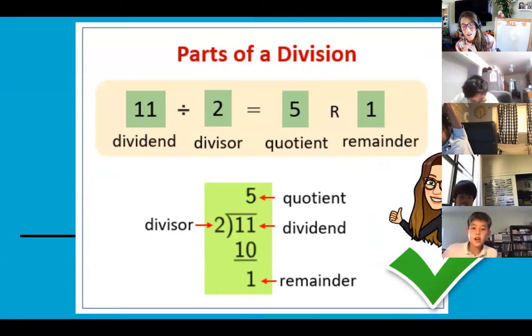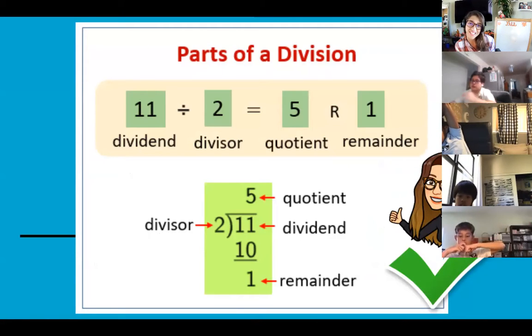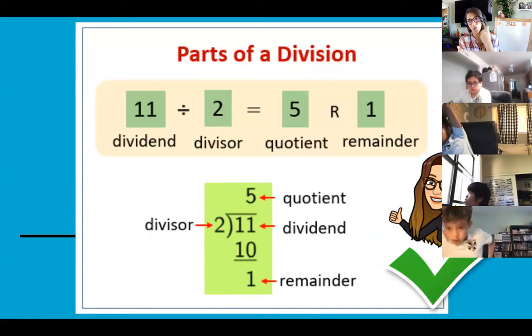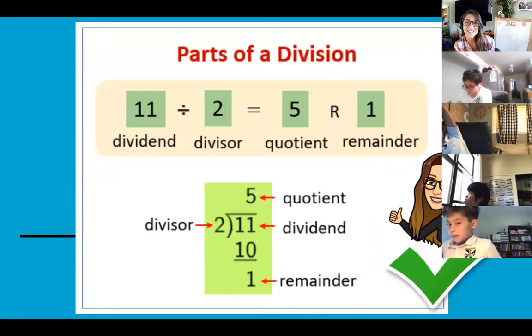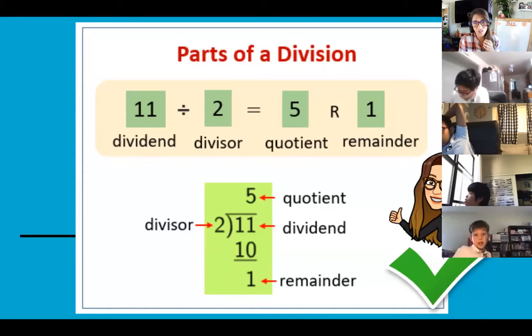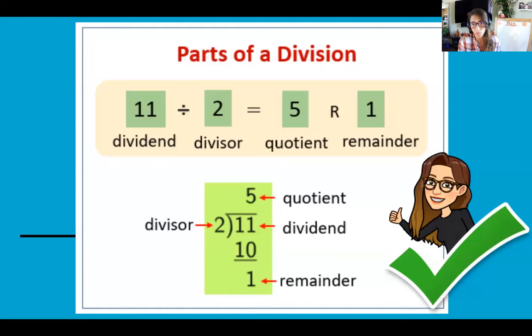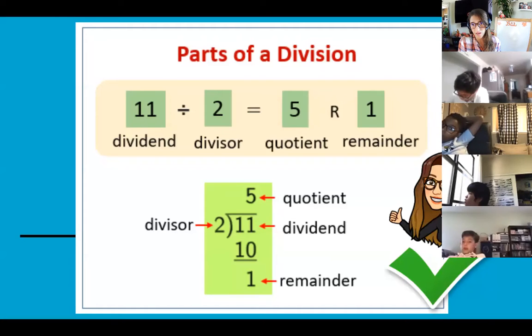It is very important for you to understand the different names of these terms, because it's not like with our multiplication where you can reverse the order of your factors, right? We have a factor times a factor equals a product. They're both called factors because they're interchangeable. You can switch the order and still get the same answer. In division, that's not the case, right? In division, you cannot simply switch the order of your factors.